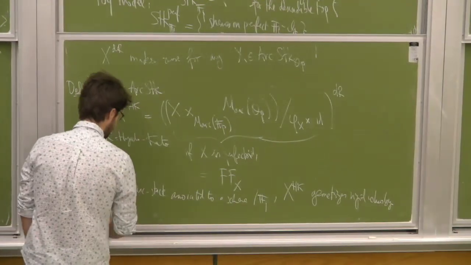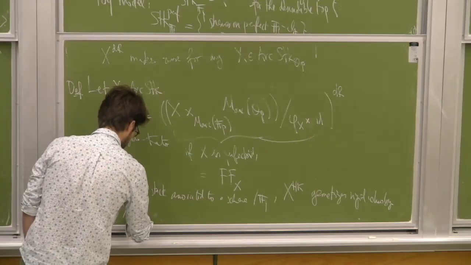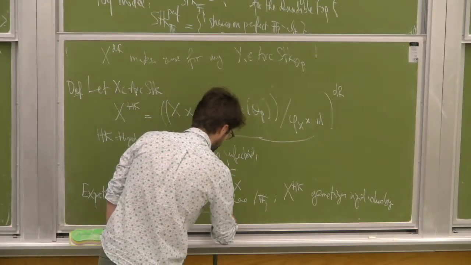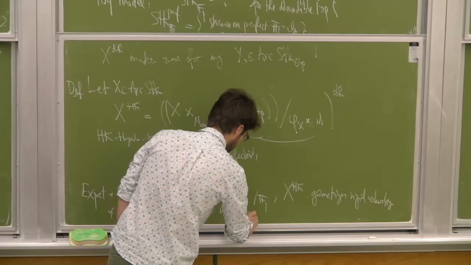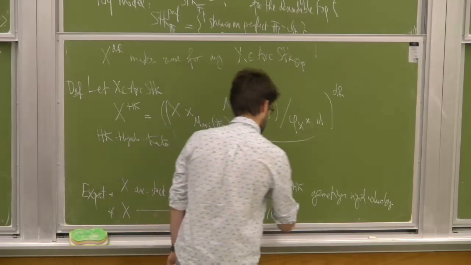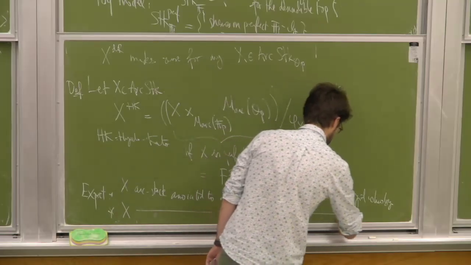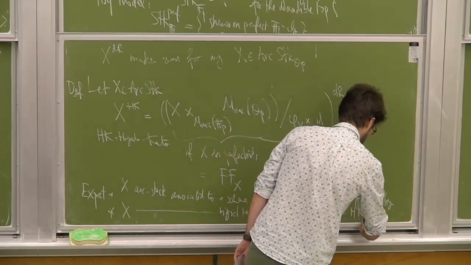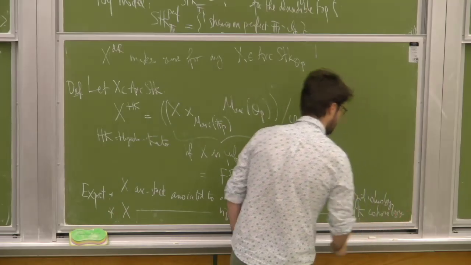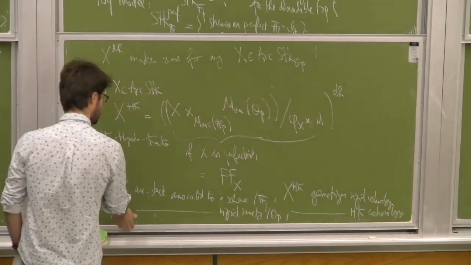But if instead X is an arc stack associated to a rigid variety over Q_p, then we expect that this is geometrizing the thing called Yodo-Kato cohomology, which in this generality has been defined by Scholze and Lisian.